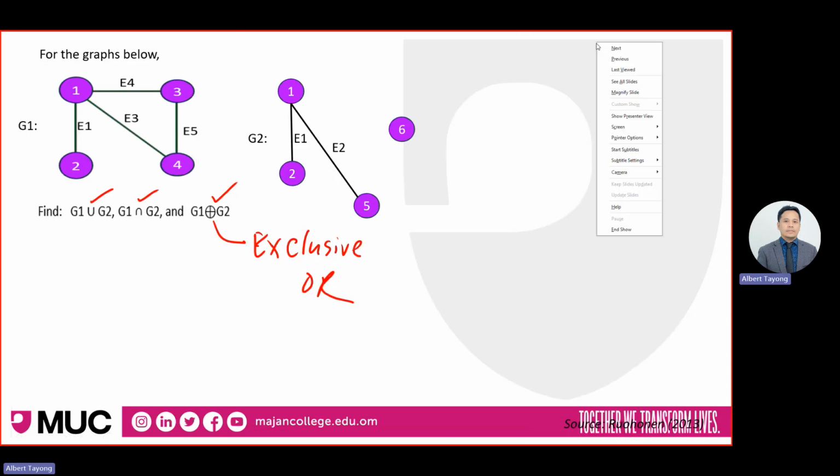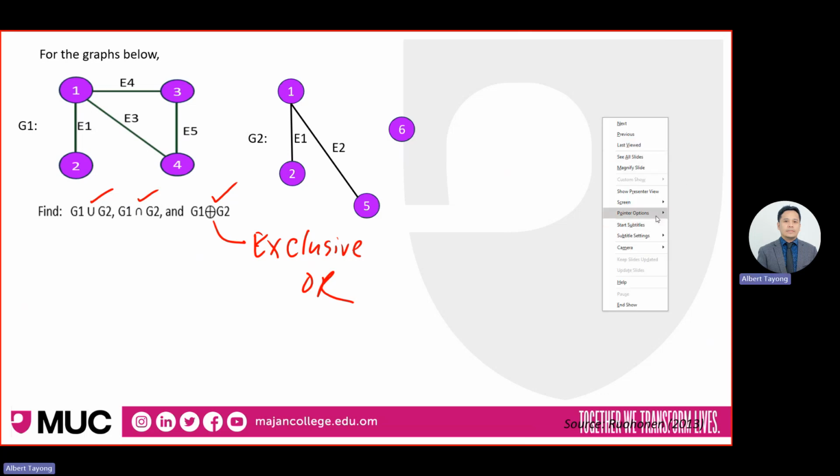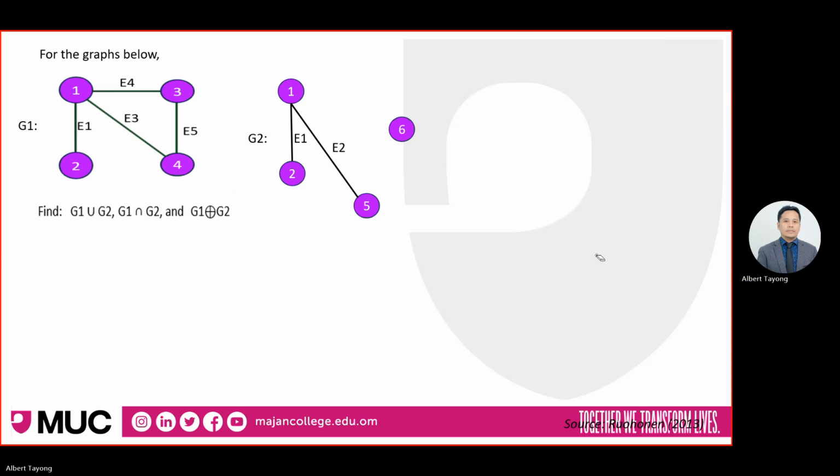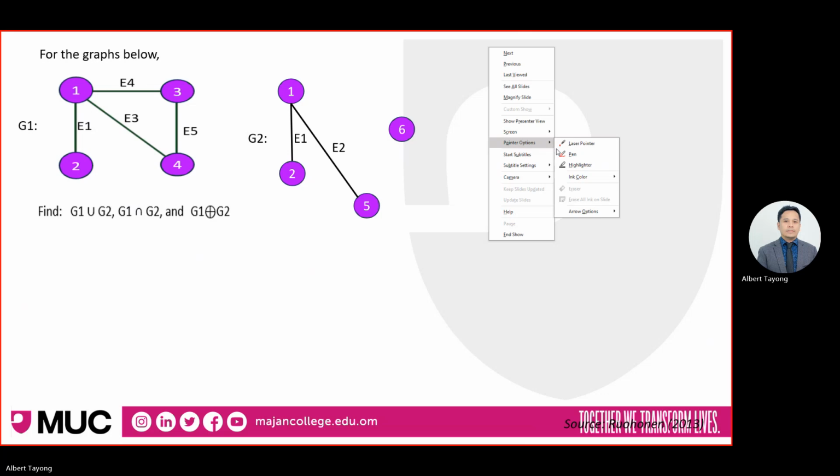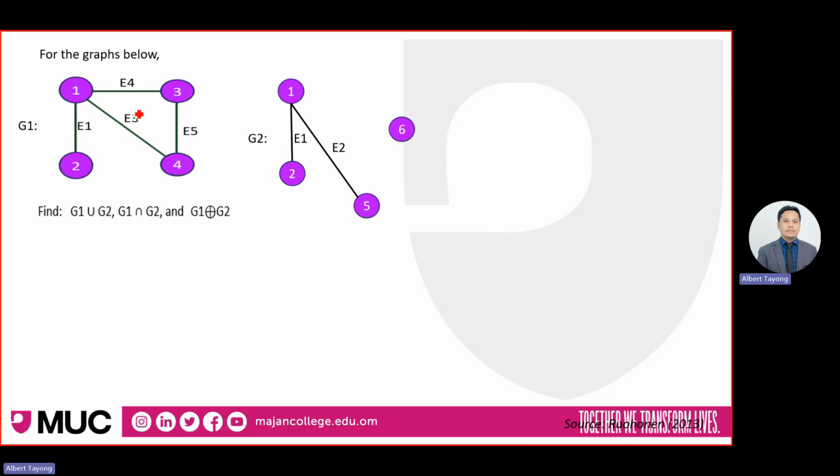Now to get the union, we have to combine both of these graphs. So what we're going to do is to draw first the first graph.